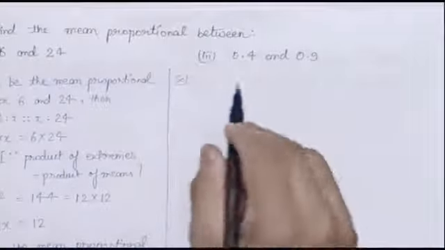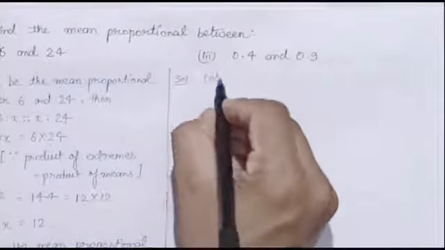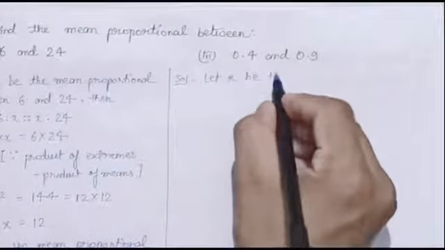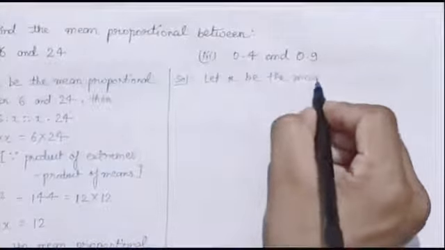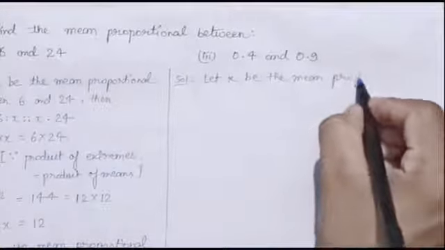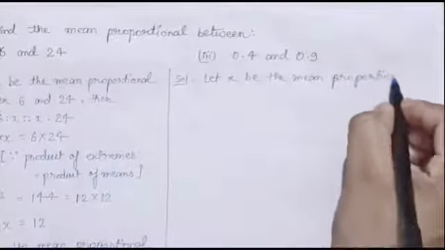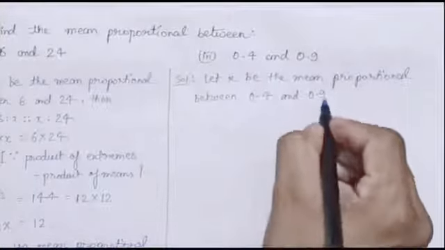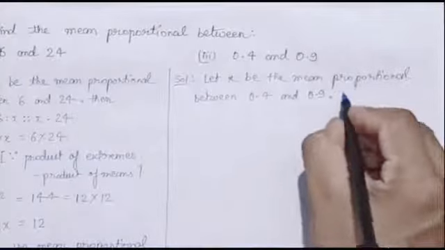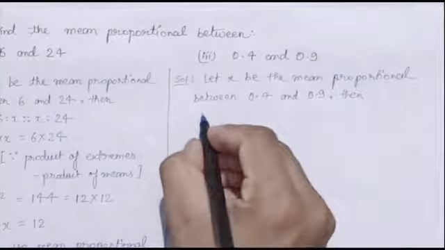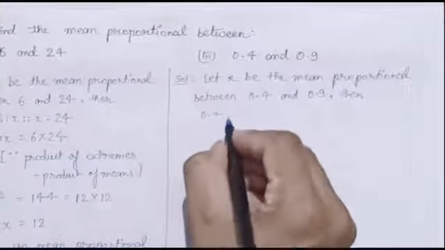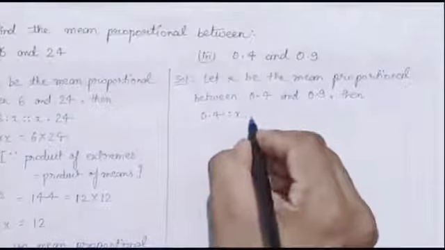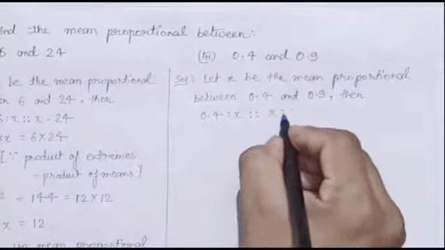Now let us solve the next part in the same way. So here again, let x be the mean proportional between 0.4 and 0.9. Then we can write 0.4 ratio x is proportionate to x ratio 0.9.